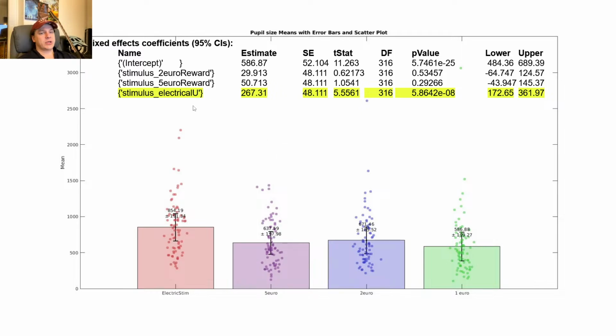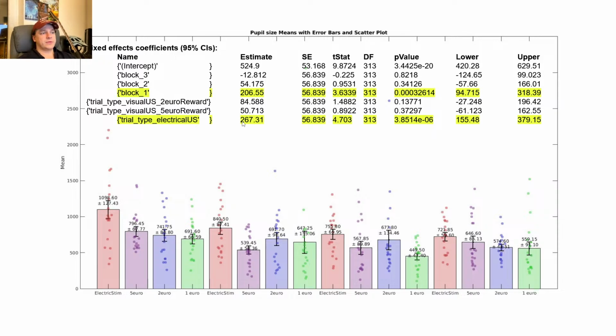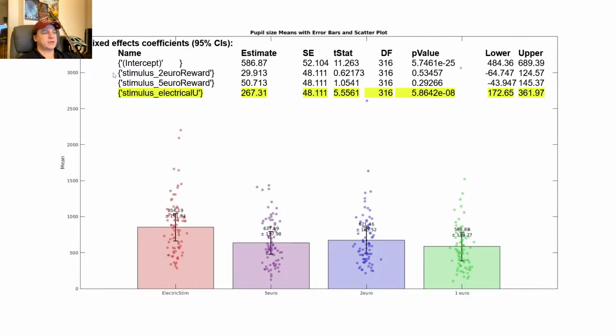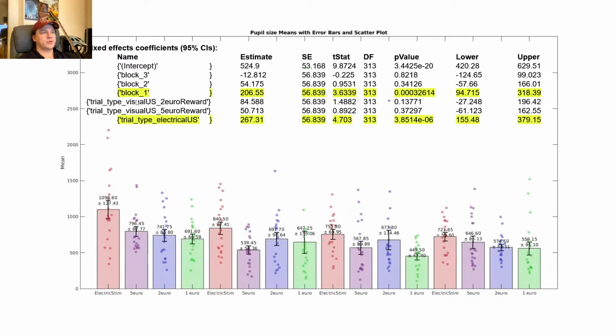Okay, what can we do next? Next, we can look at all those things by blocks. So previously we had 1 fixed effect, which is the value, and now we have 2 fixed effects: the block, first, second, third, or fourth, and the second fixed effect, the value.